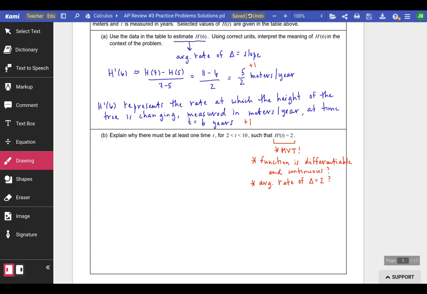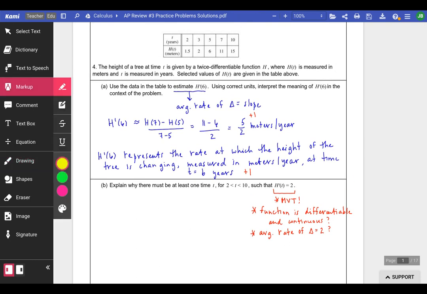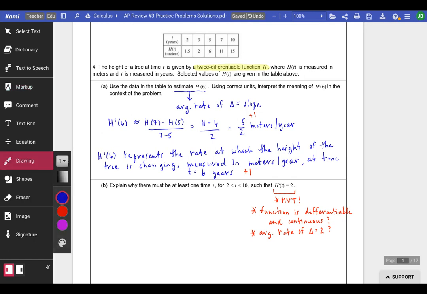The first thing I need to check is what do we know about this function h? Well, if we go back here, it says my function h is twice differentiable. Then what we know is if our function is differentiable, it has to be continuous.